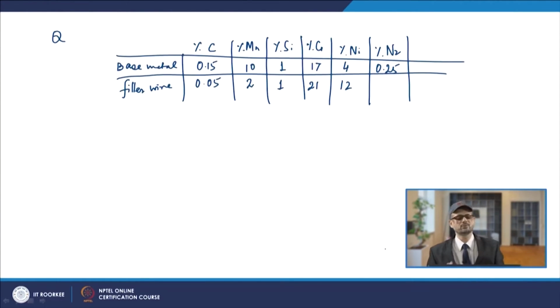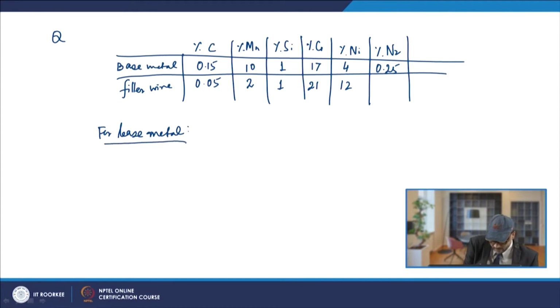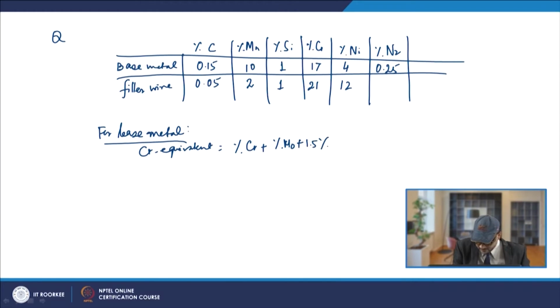We find them for the base metal and for the filler wire also. For the base metal, the chromium equivalent is percentage chromium plus percentage molybdenum plus 1.5 times percentage silicon plus 0.5 times percentage columbium.